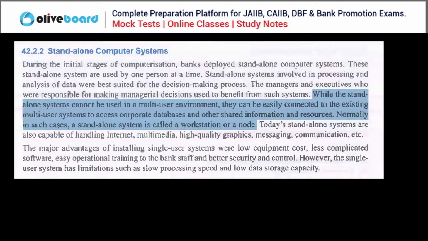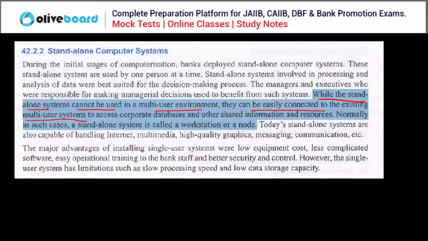Every one of you is correct. And this is regarding the standalone computer. I have given you the detail so that you can easily read it. The main thing is this: while the standalone system cannot be used in a multi-user environment, it can be easily connected to an existing multi-user system, and shared information and resources are accessed through this standalone computer.